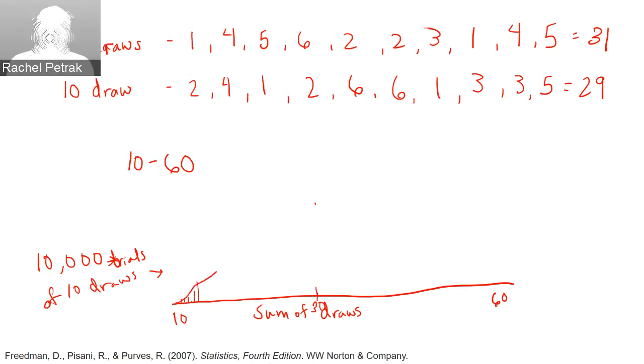And eventually, to plot this out here with a smoothed curve, you'd see it end up like a normal distribution where the more extreme sums are less frequent. You can see they're less frequent on the extremes, but the sums that are in the middle range are more frequent.